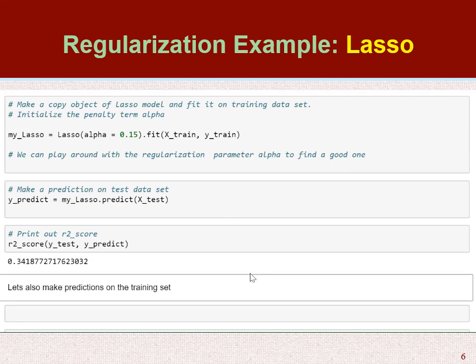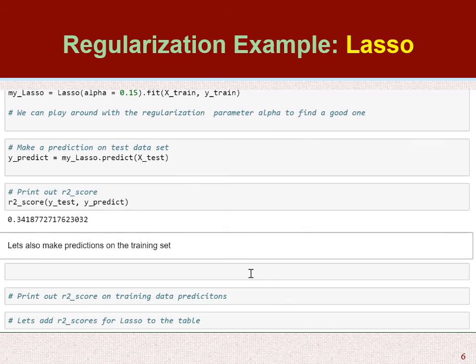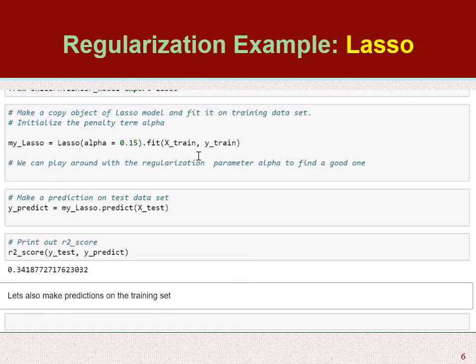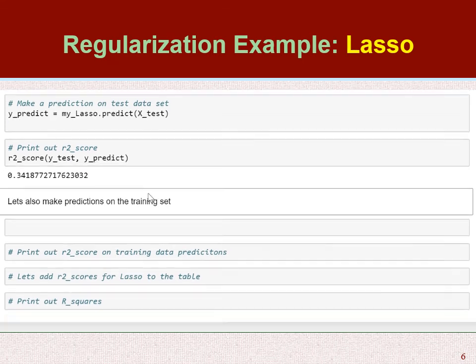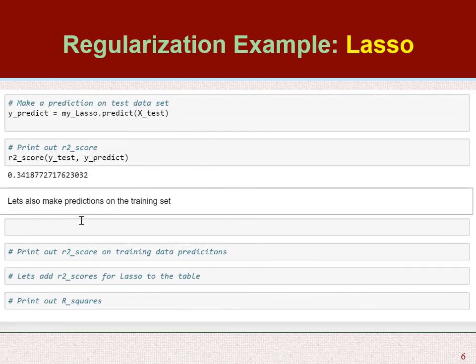All right, so let's also make a prediction. You can also play around with this alpha parameter on your own to change the behavior, maybe find the optimized value. For now, let's make a prediction for the training data set.